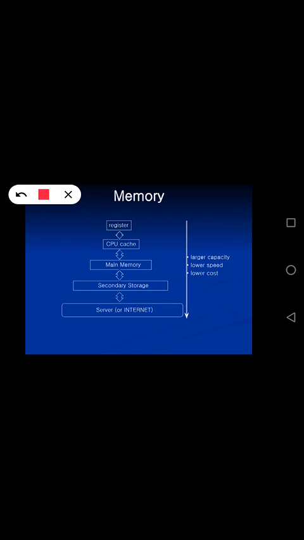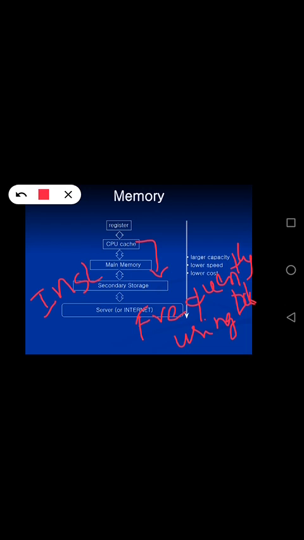It is used to store frequently used data or frequently used instructions.